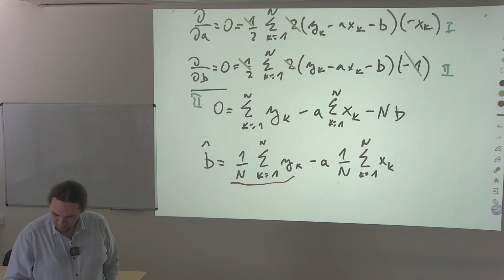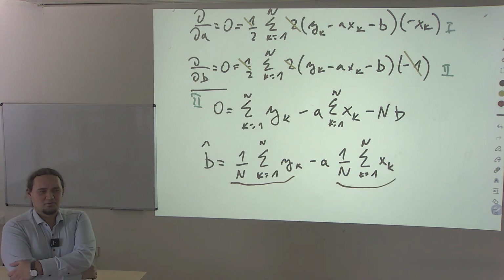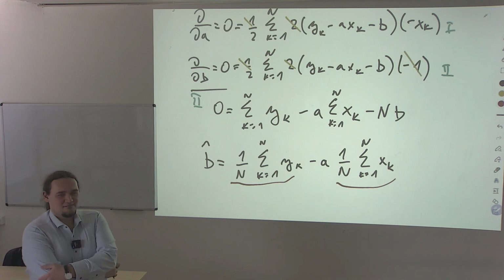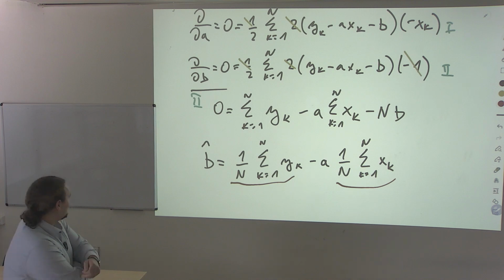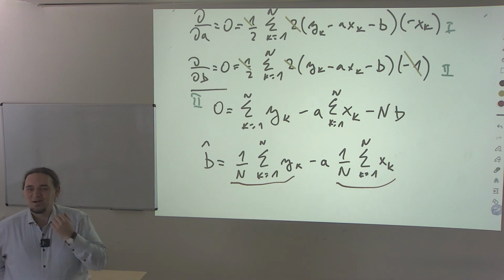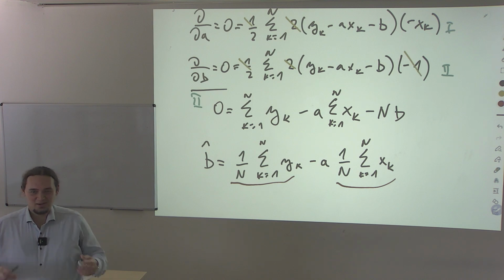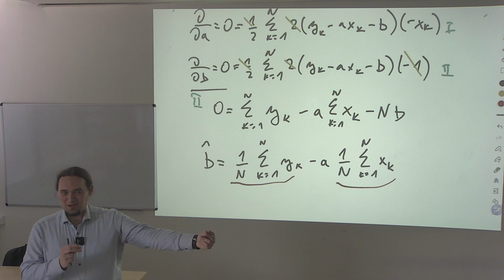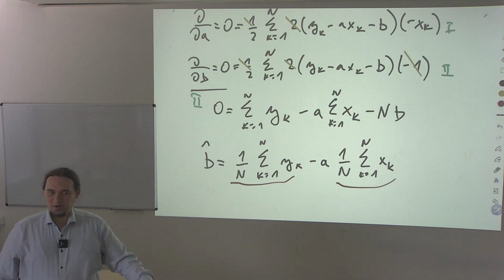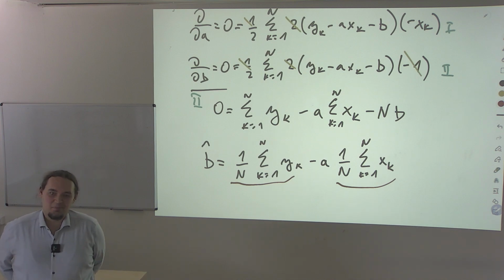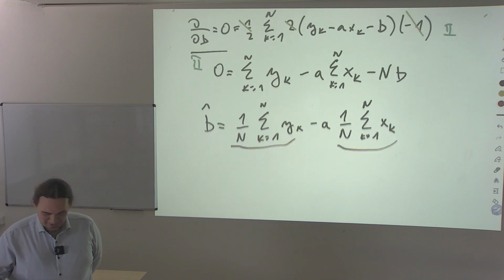But let's see these expressions. What are they? What are these expressions? How can we write it, or what they are? I sum several numbers, n of them, and I divide them by the number of the summands, by the number of the guys I have. They are arithmetic means, right?